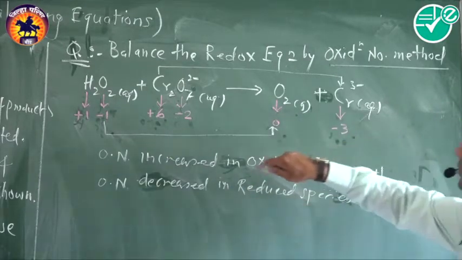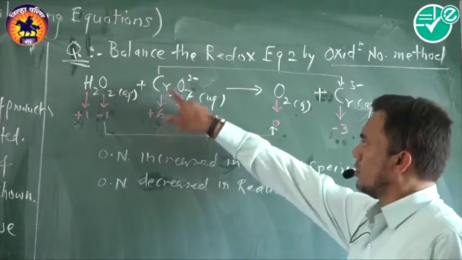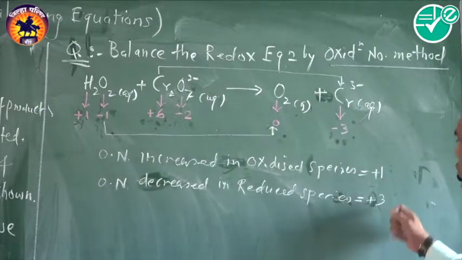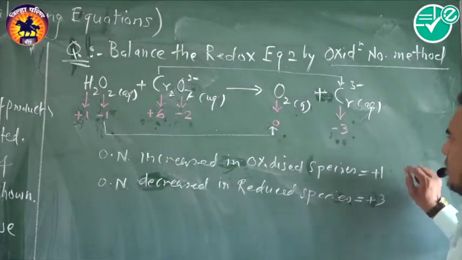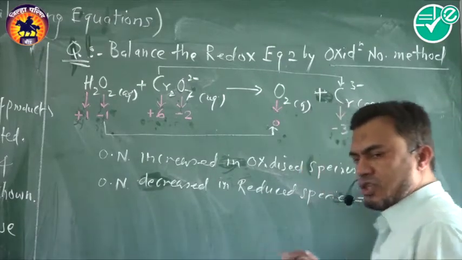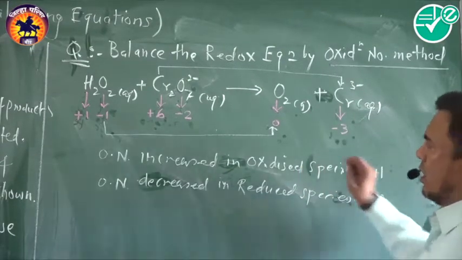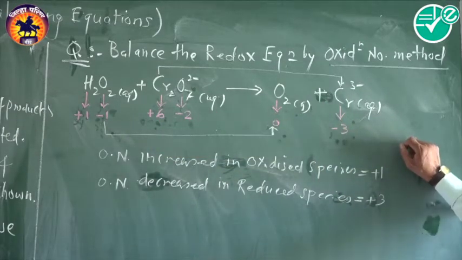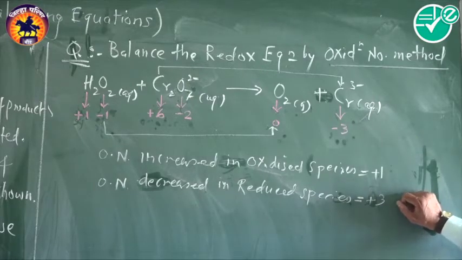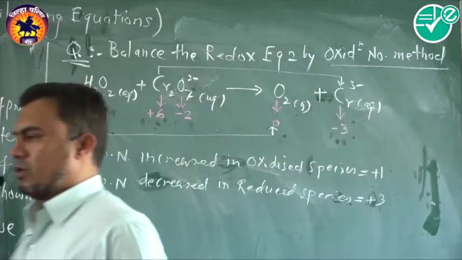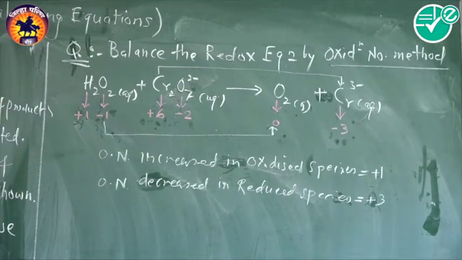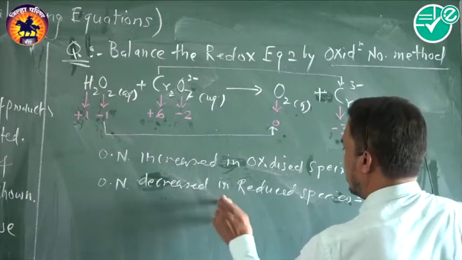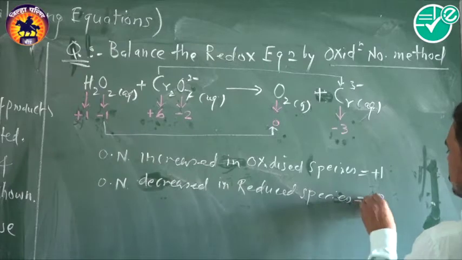Now look here, there are 2 chromium here and 1 there. So we look at the coefficients so that we can have an equal total change in oxidation number in the reactant and the product. We have to multiply by a number so that it can be balanced on both sides. Here the decrease in the reduced species is 3.